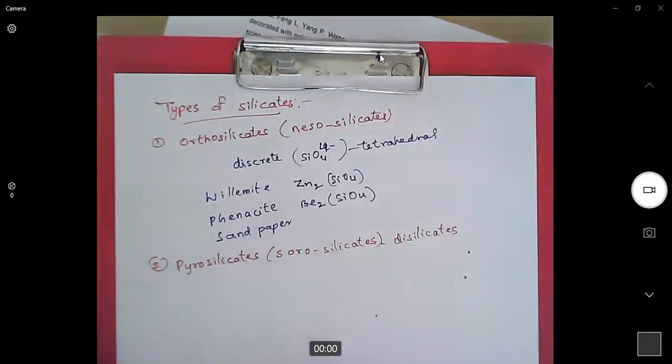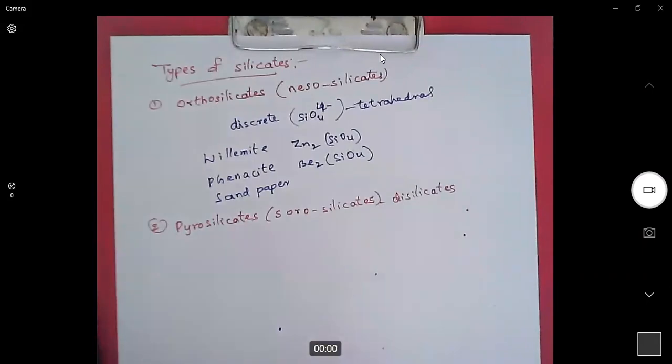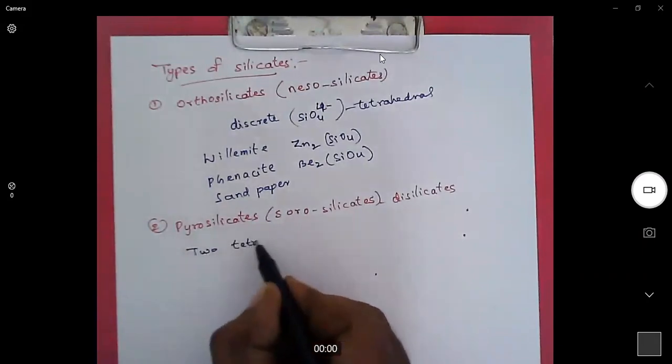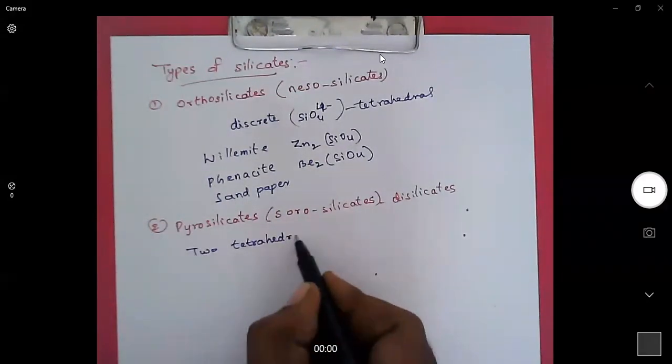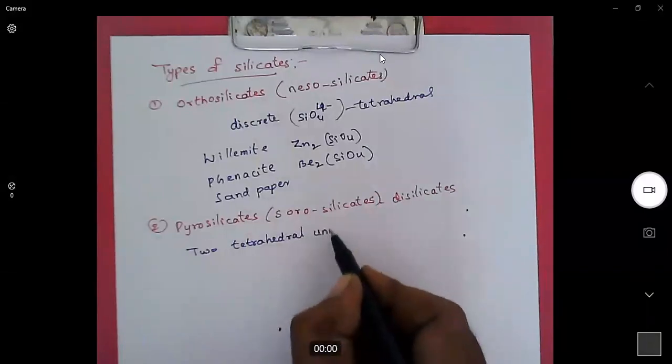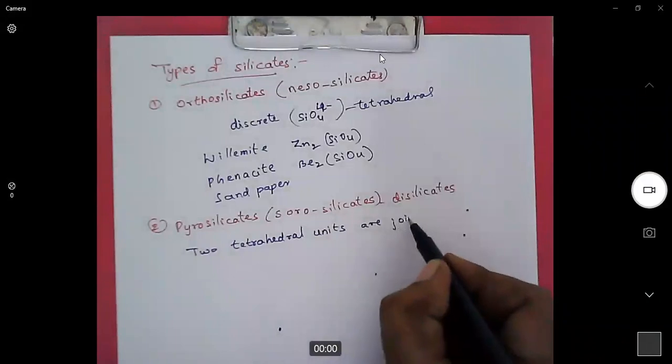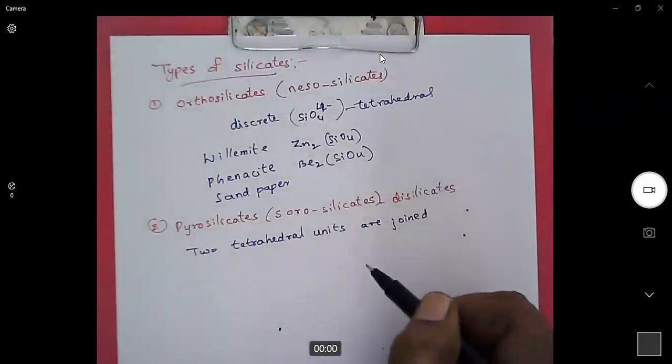Orthosilicates are monosilicates, whereas pyrosilicates are disilicates. That means there will be 2 tetrahedral units in each pyrosilicate molecule.